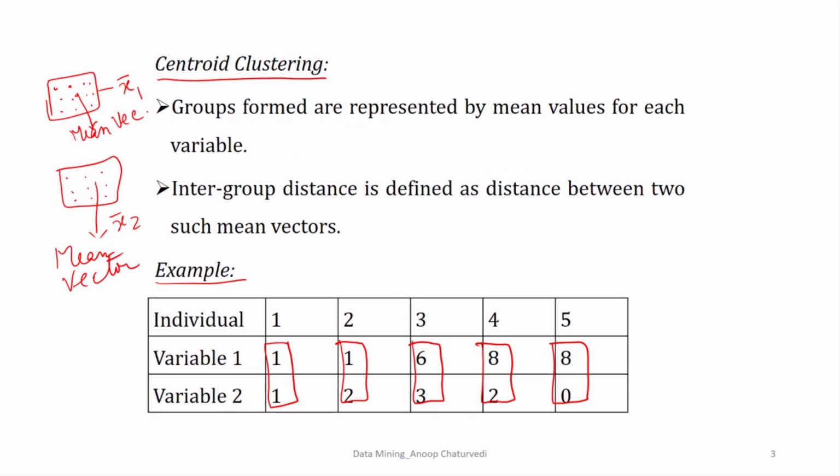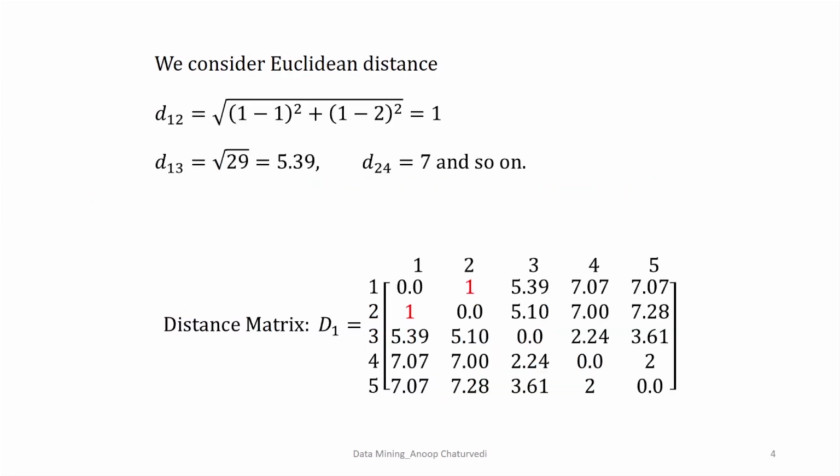So, we take simple Euclidean distance. So, for individual 1 and individual 2, corresponding to variable 1, we take 1 minus 1 and then we take square of this. Corresponding to variable 2, we take (1 minus 2) square. So, ultimately d12 is equal to 1.